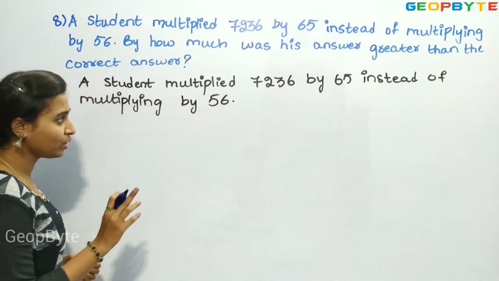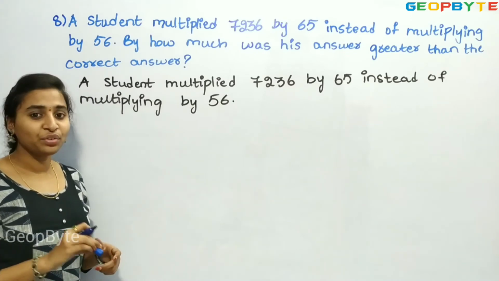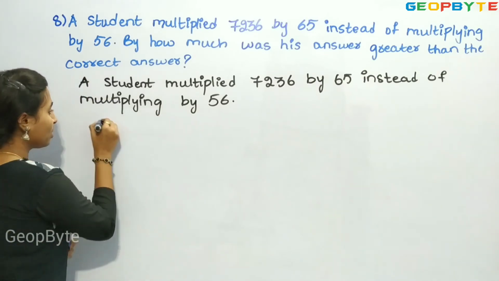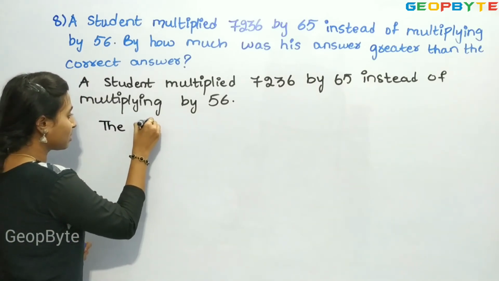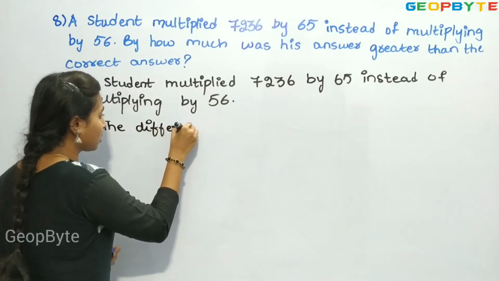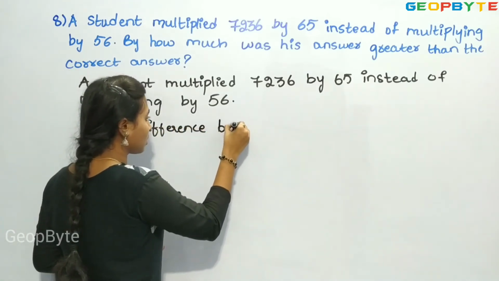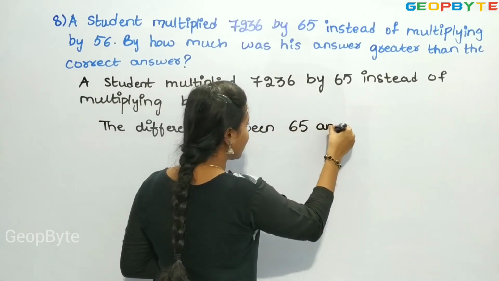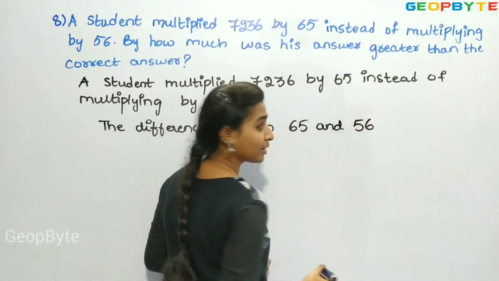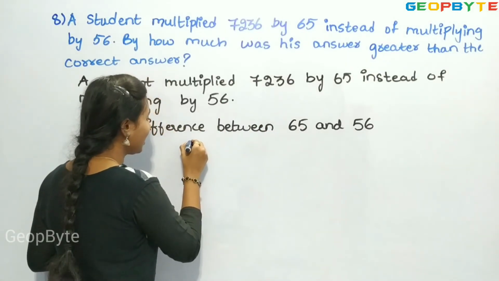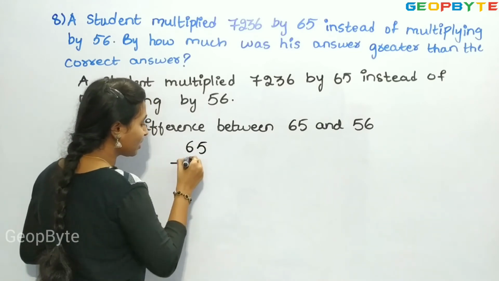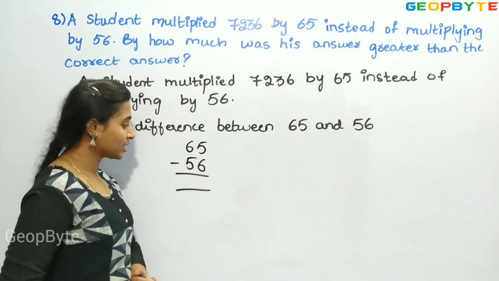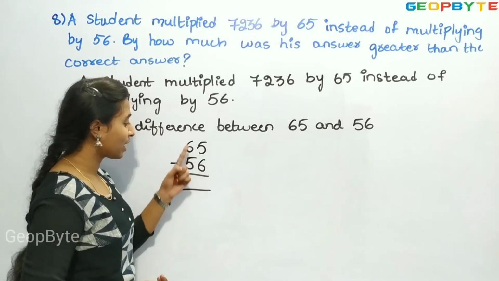See, first to find that, we need to find the difference between 65 and 56. That is 65 minus 56. 5 minus 6, we cannot subtract 6 from 5.